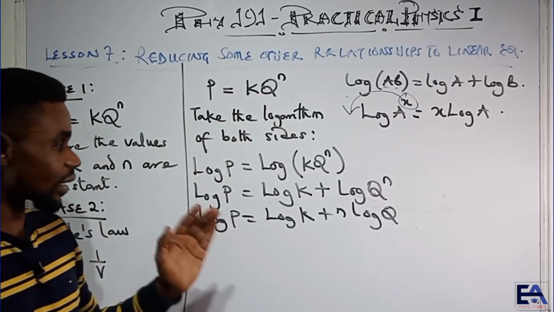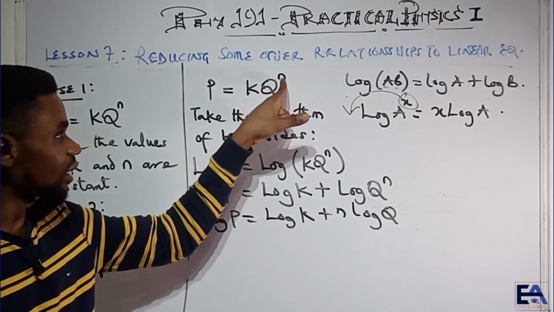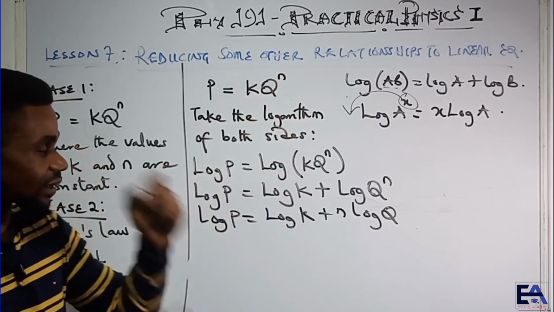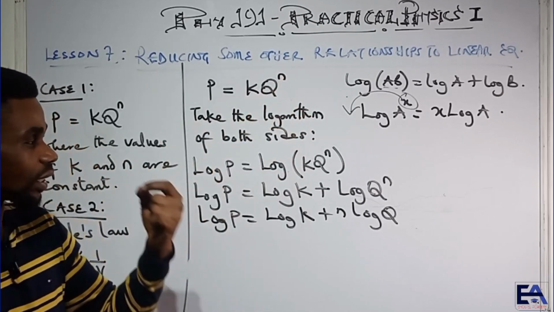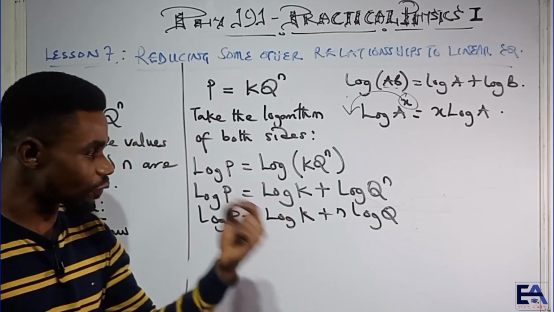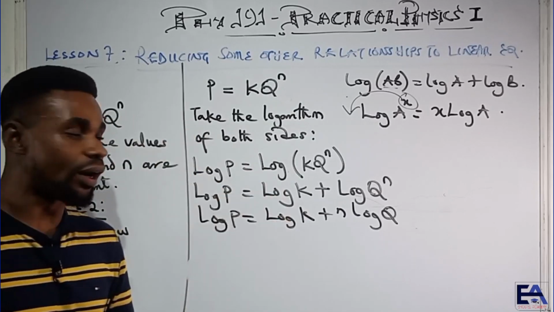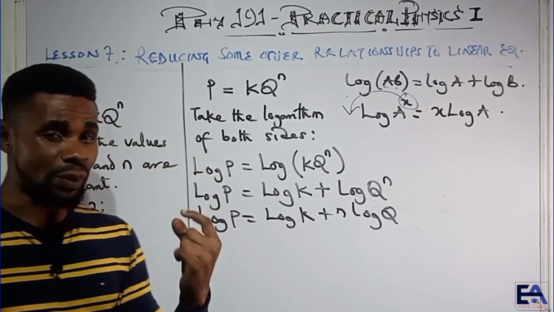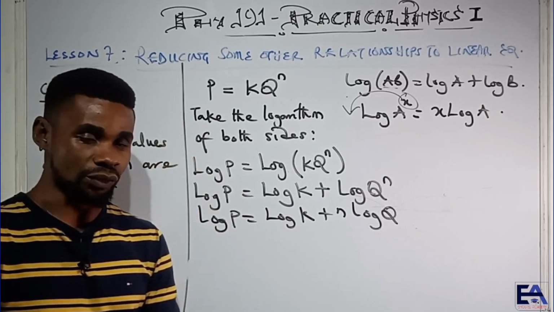Since the power is the factor that makes the equation non-linear, we needed a way of getting rid of that power. And that is what we just did. We got rid of the power by applying the rules of logarithm.